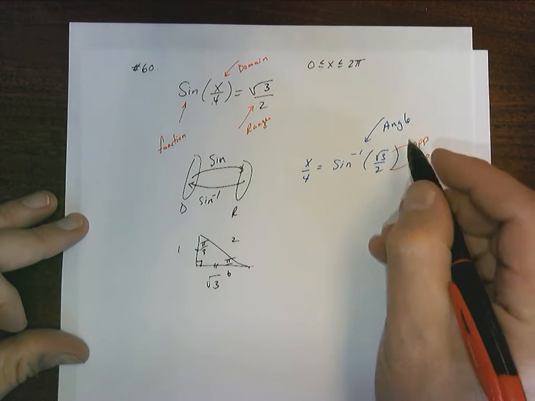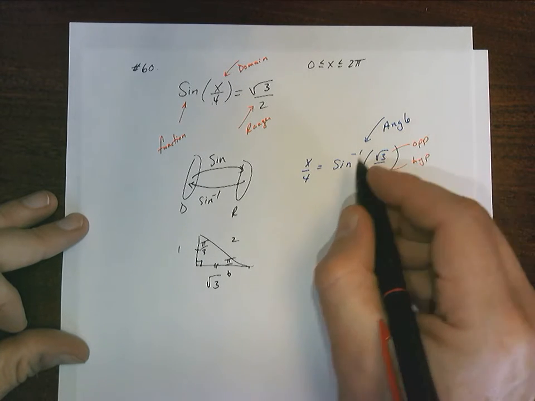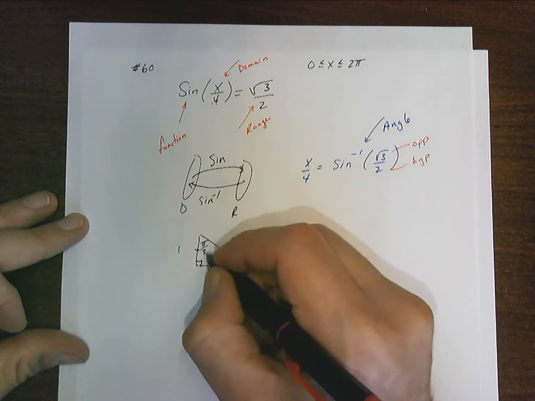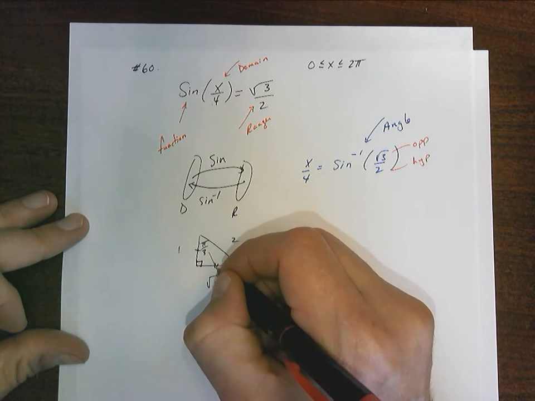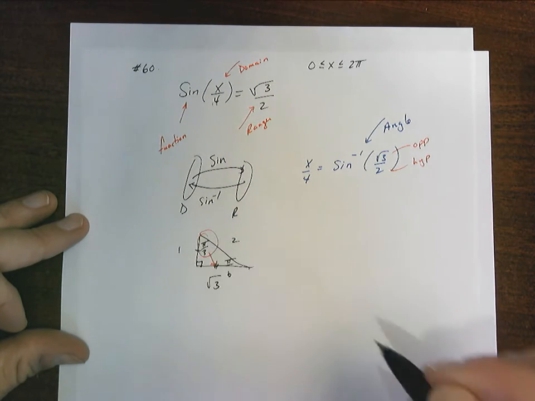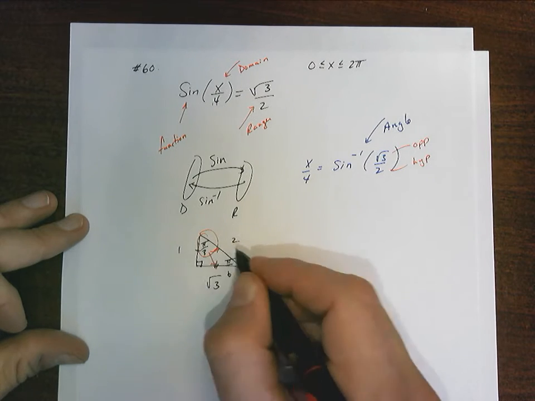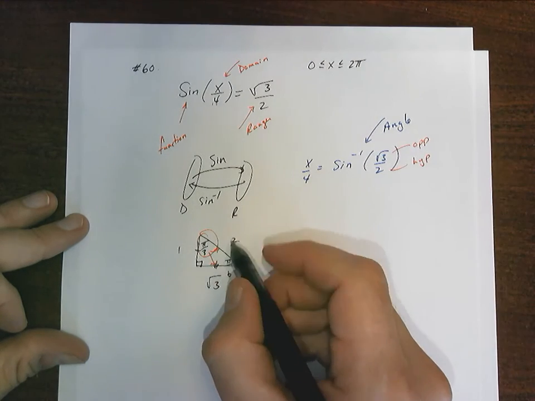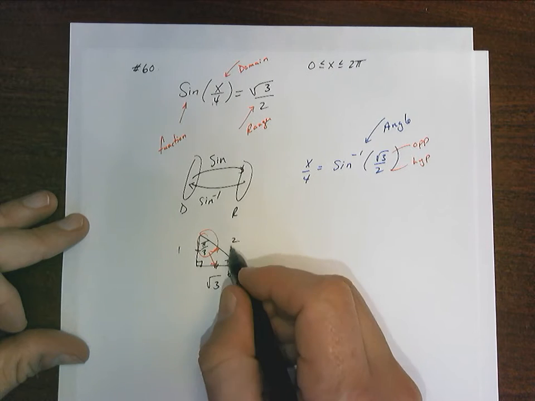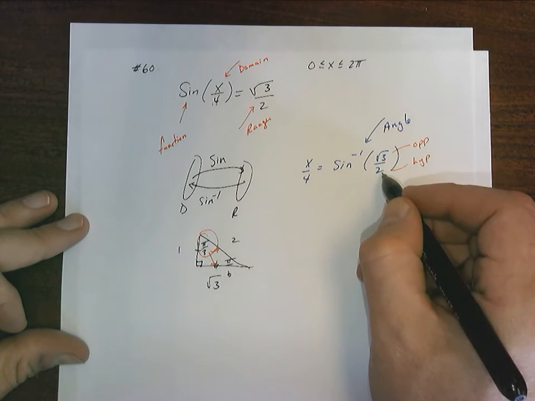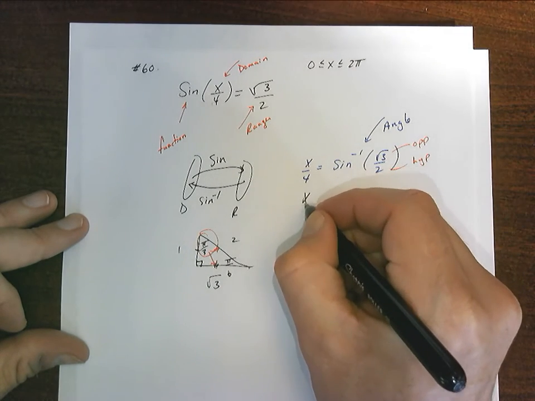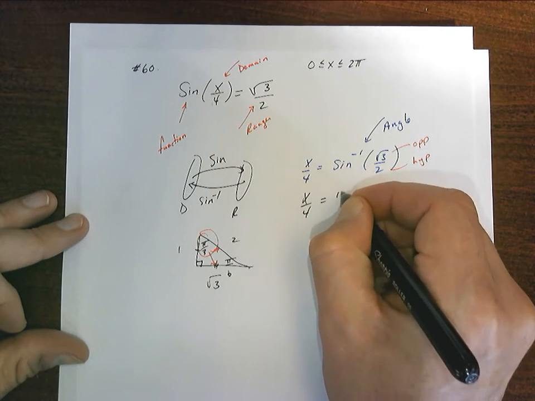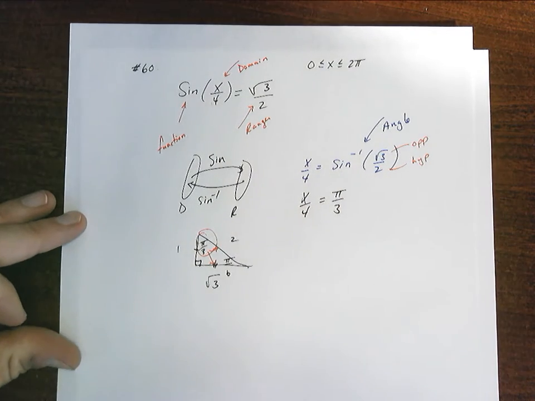So which angle will have root 3 as its opposite? Well, if I take a look at this, root 3 as its opposite is going to be pi by 3, and its hypotenuse is 2. So the angle that has root 3 as its opposite and 2 as its hypotenuse is going to be pi by 3.